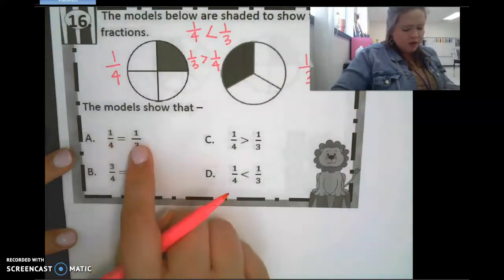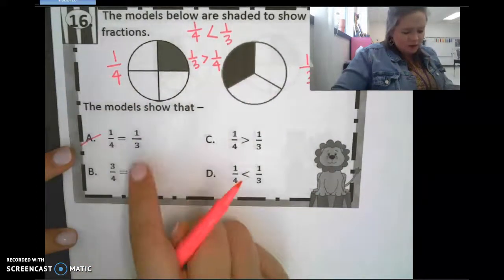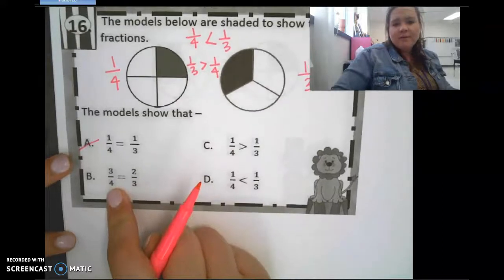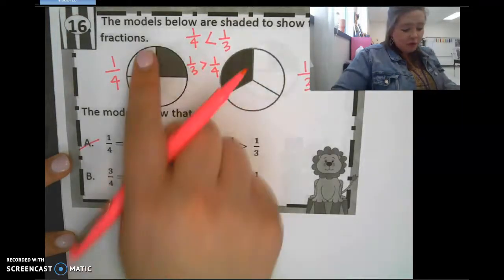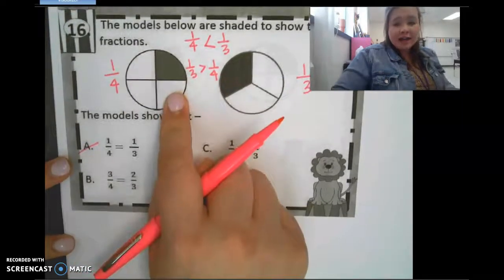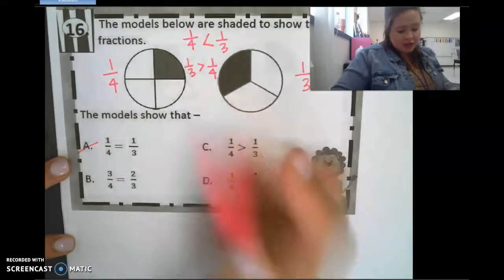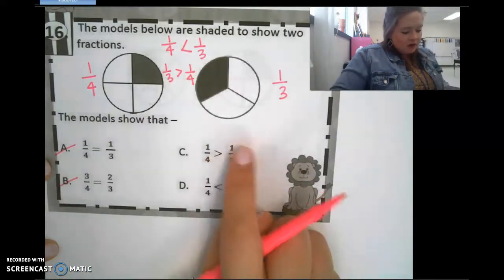1/4 equals 1/3. We don't have that there. 3/4 equals 2/3. Where did they get 3/4 from? Good, they got 3/4 from the parts that are unshaded. They got 2/3 from the parts that are unshaded. 1/4 is greater than 1/3.